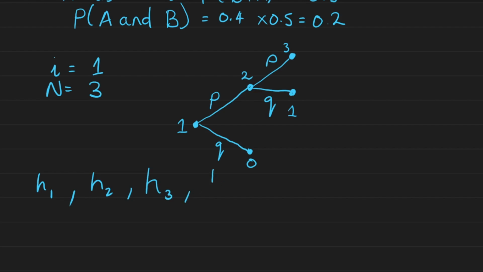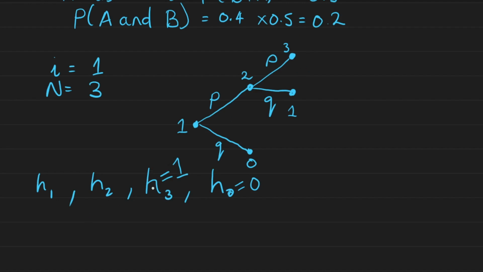We can even have H0, but we know that H0 will equal 0, because you cannot reach the target if you're starting from 0. Remember that this is an absorbing state Markov chain, and if you start at 0, you will never ever hit this target of 3. Similarly, the probability H3 is equal to 1 because you have already reached the target.